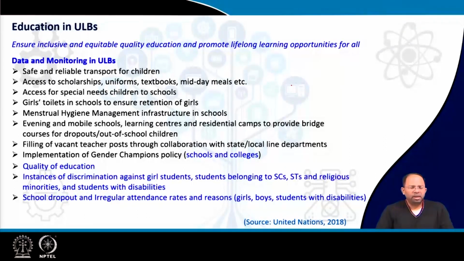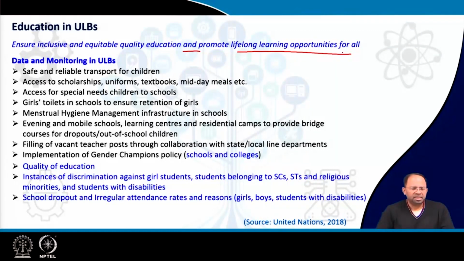At the ULB level, to ensure inclusive and equitable quality education and to promote lifelong learning opportunities for all, there are several tasks that have to be undertaken. Particularly, these are linked with several government programs and policies as well.